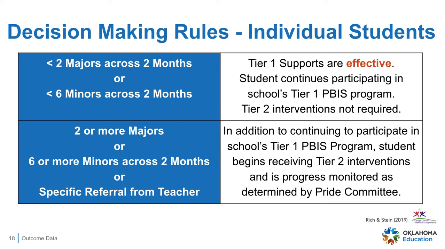More than 2 major referrals in 2 months, or more than 6 minor referrals in 2 months. If a student has less than this, the team knows that Tier 1 supports are effective for this student. If the student exceeds the referral amount, the team will begin looking at additional supports and interventions that the student may need. They will receive these Tier 2 supports in addition to their Tier 1 supports.